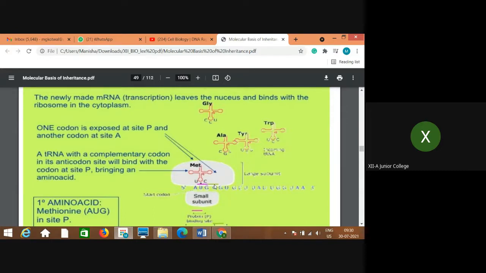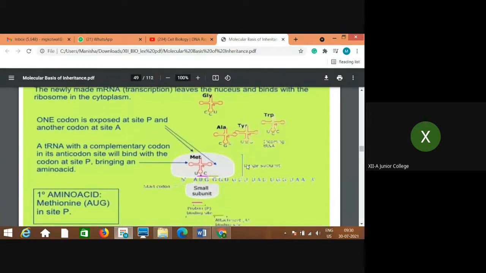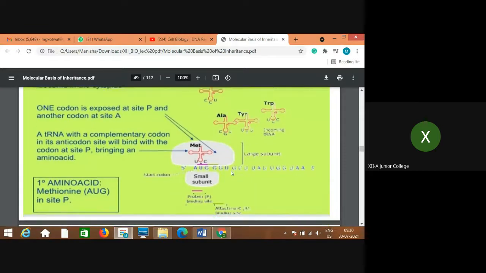Once the second tRNA is added, the first tRNA is made free and exits, and the ribosome moves by one codon. When it moves by one codon, the A site becomes the P site and the A site becomes free. In this way, one by one, tRNAs with complementary nucleotides on the anticodon loop come, carrying amino acids, and a peptide bond is formed between the amino acids.